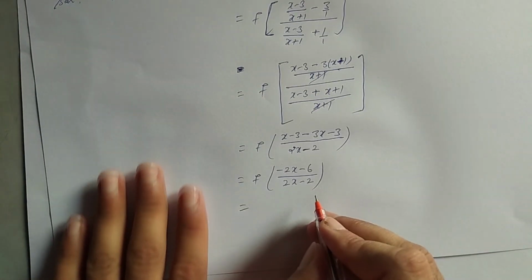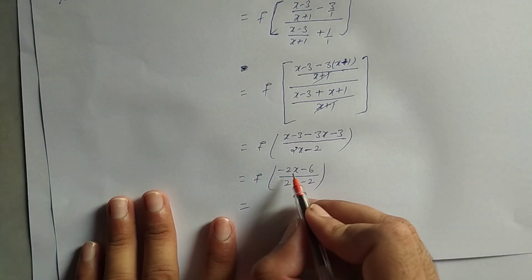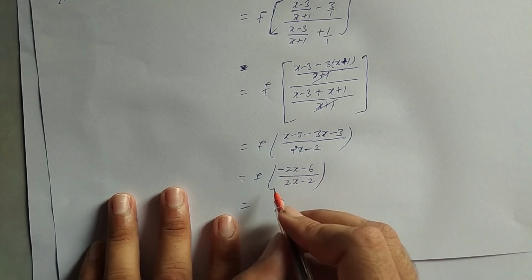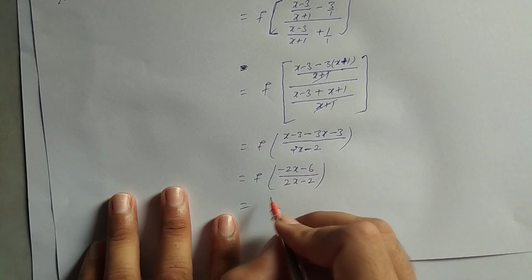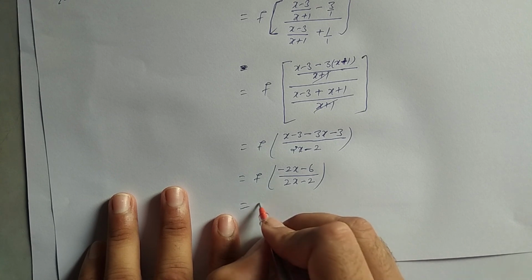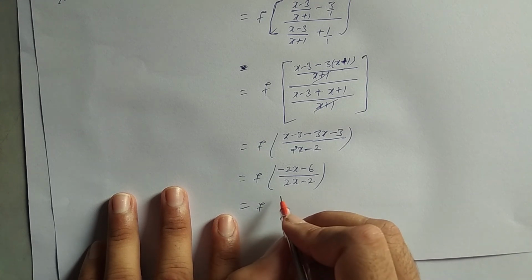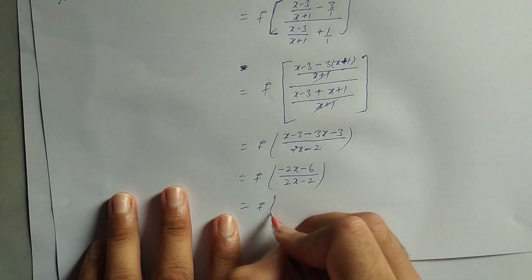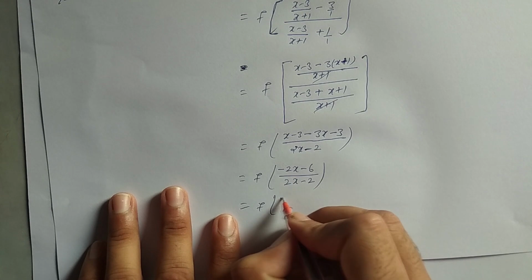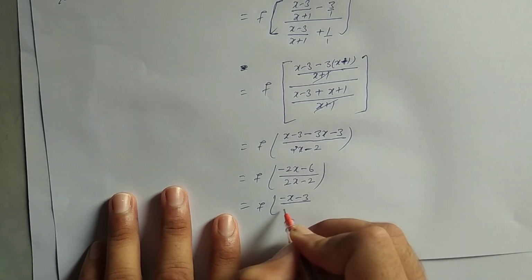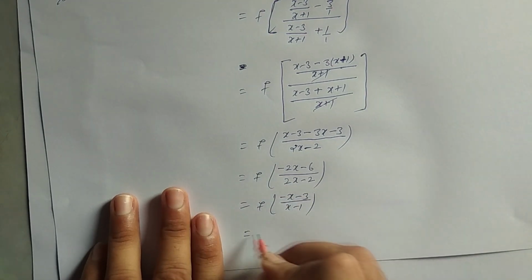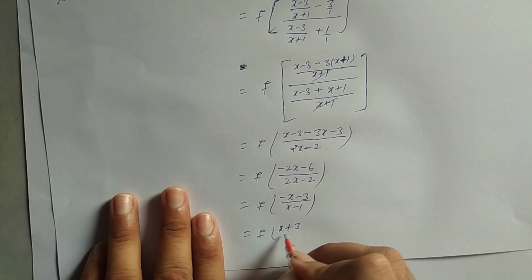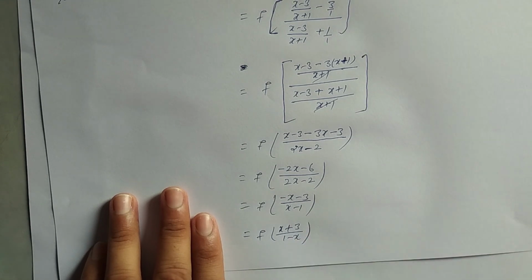Taking 2 common, the 2 cancels out. So it is (minus x minus 3) by (x minus 1), which is equal to (x plus 3) upon (1 minus x).